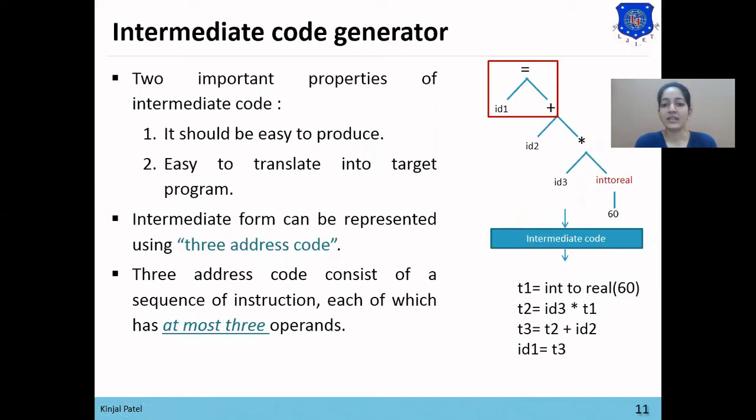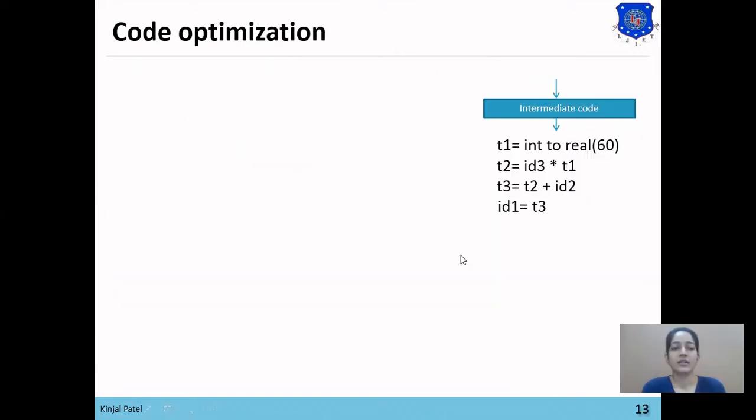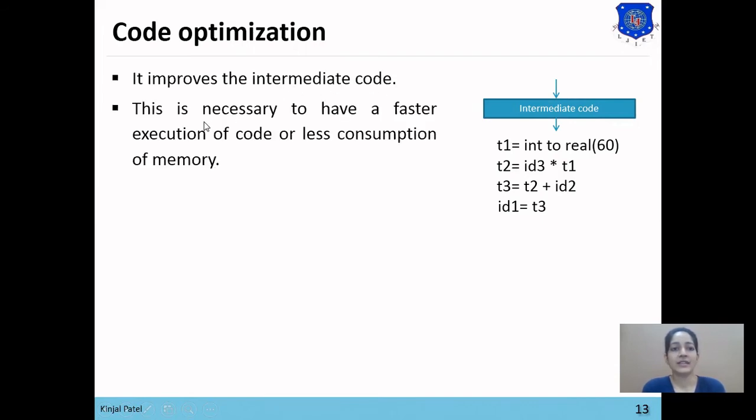Now this intermediate code will be passed to the code optimization phase. The code optimization phase improves the intermediate code. This is necessary to have faster execution of code or less consumption of memory.